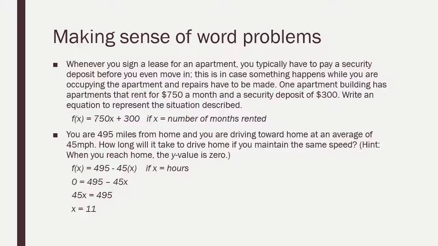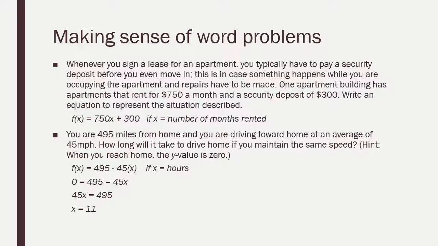So for instance, over a year period, you would pay 12 times 750, because that's 750 times 12 months, plus the $300 you paid in the beginning. So that is going to represent the amount that you would have paid over the course of a year, or however long you rent this apartment. Your equation would be f(x) = 750x + 300.